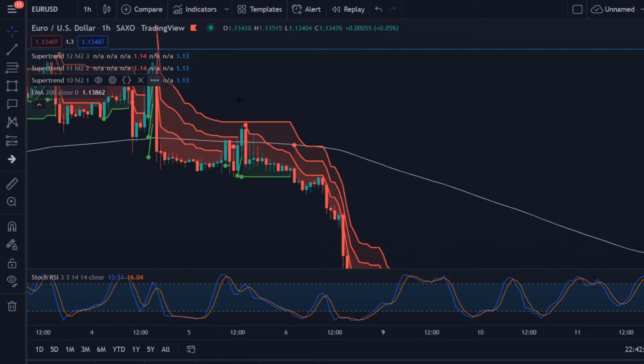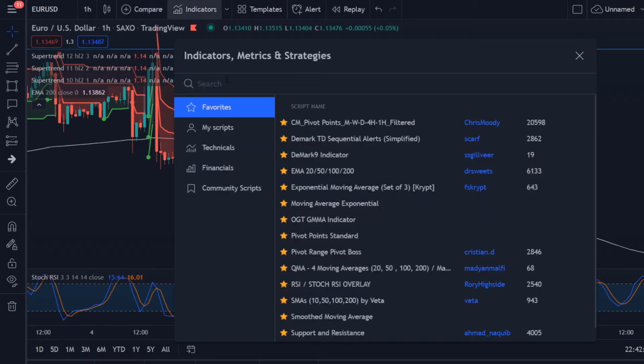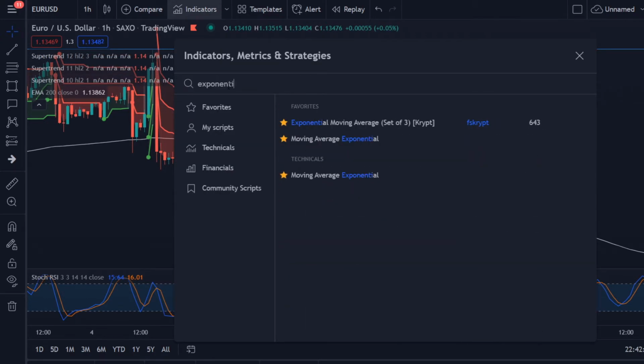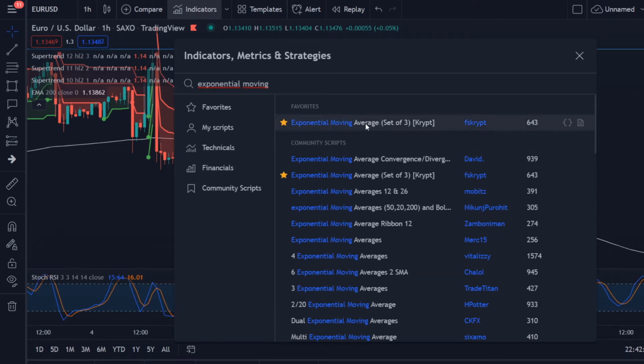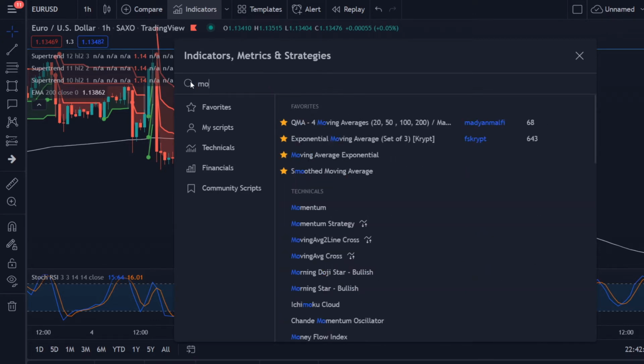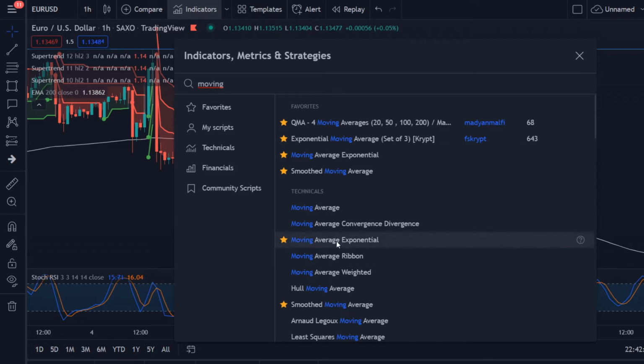Oh, before I forget, I'm also using the exponential moving average. You can use this one, or you can go to moving average and use this one over here, the moving average exponential.